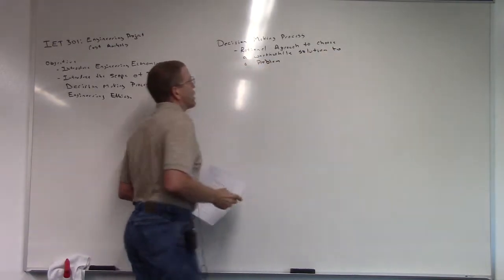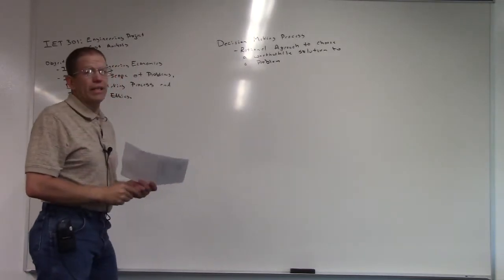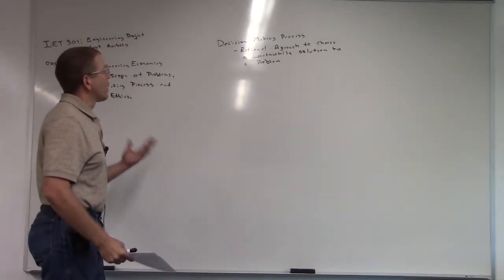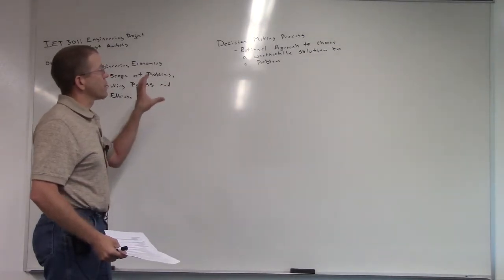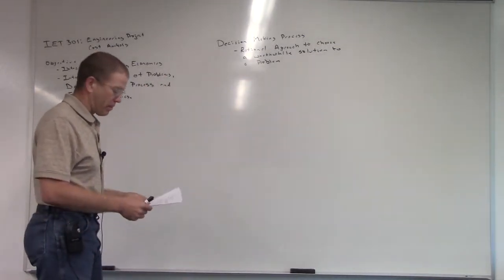And as the name suggests, in our case, we're going to be going through and analyzing economic problems and hopefully coming up with good solutions to these economic type of problems.